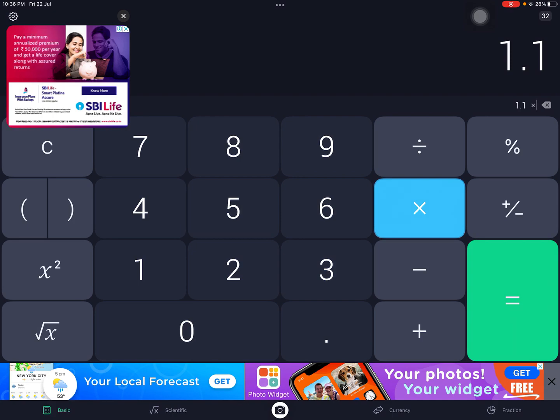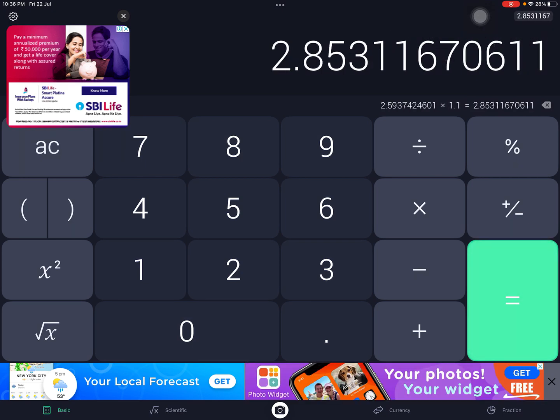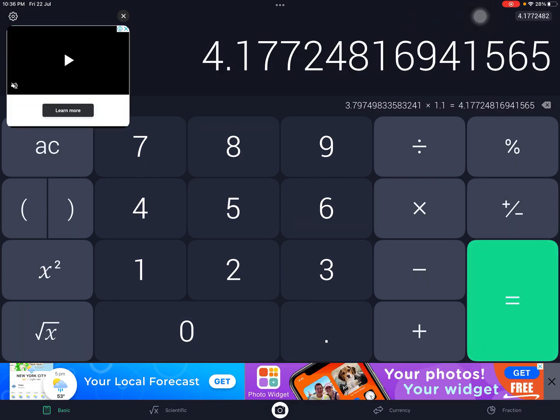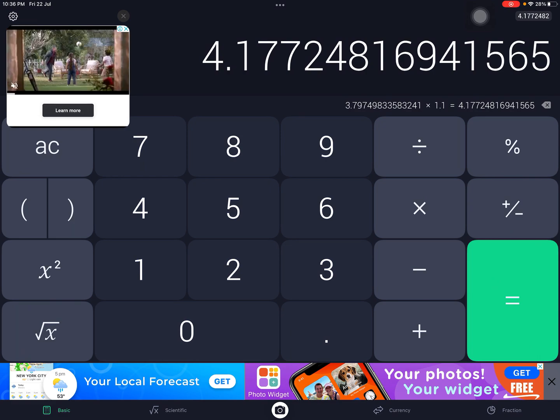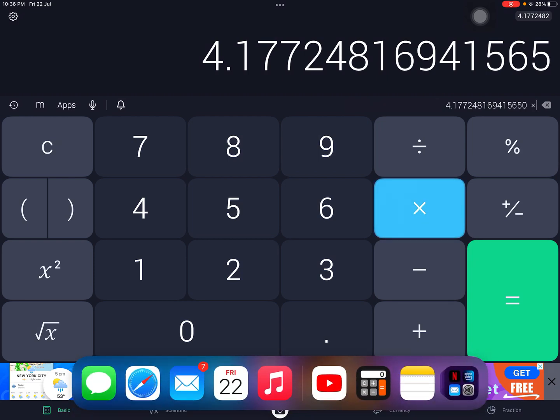This is 1.1, first is equal to a square, 3, 4, 5, 6, 7, 8, 9, 10, 11, 12, 13, 14, 15. So 14 times I have clicked to find out 1.1 raised to 15. So this is 4.1772. Okay. And this multiplied by principal amount.